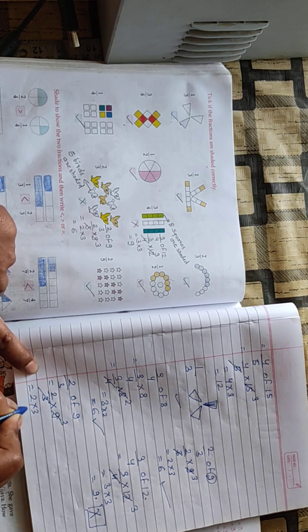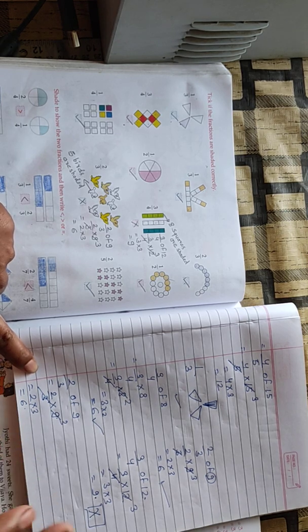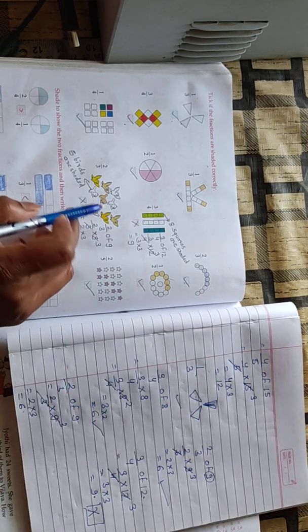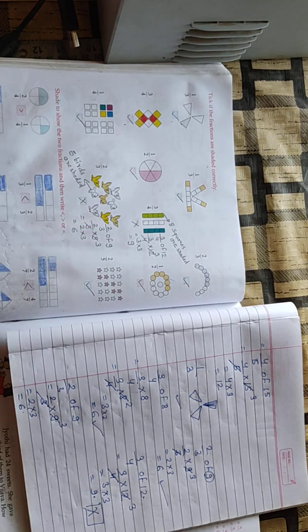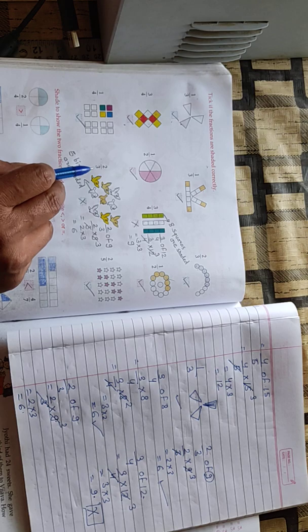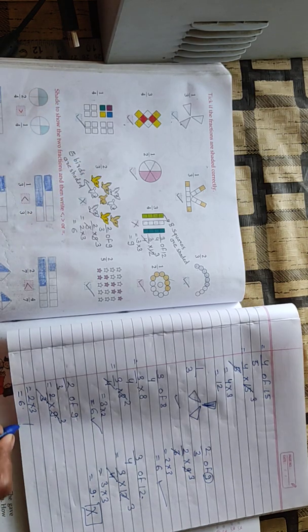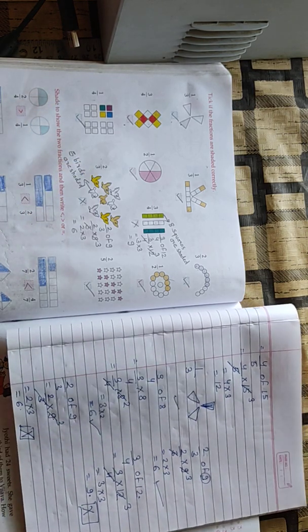So 2 into 3 equal to 6. That means 6 birds should be shaded out of these 9 birds. Let us see how many there are: 1, 2, 3, 4, 5. Only 5 birds are shaded. That means this fraction is not shaded correctly, so it is wrong. That means 2 by 3 is a wrong fraction.